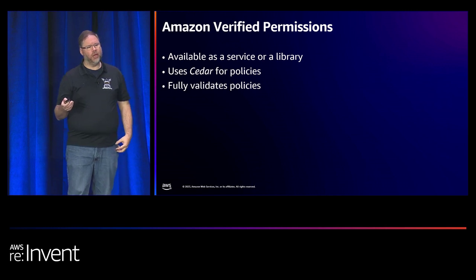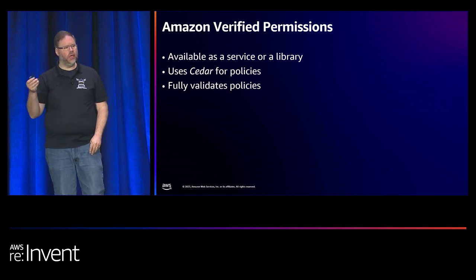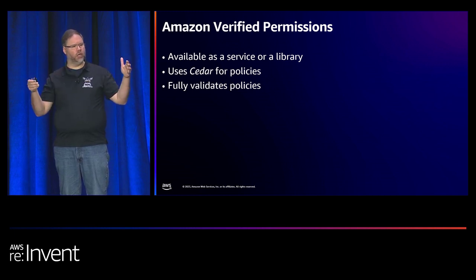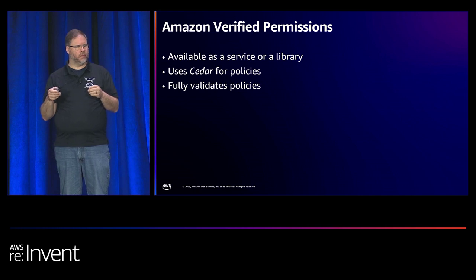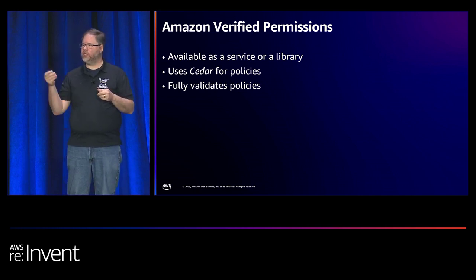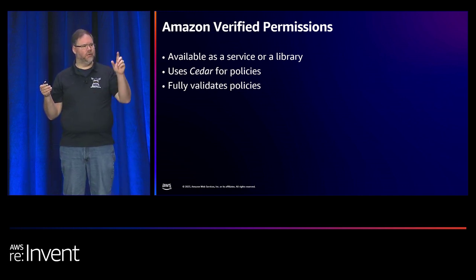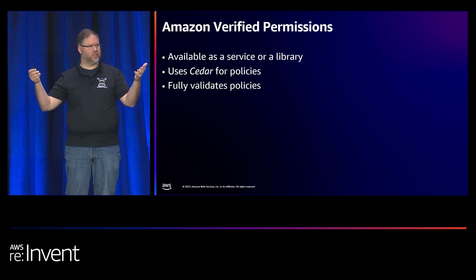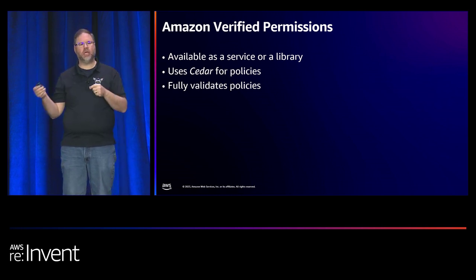And one important thing about this is you give AVP a schema for your application. You describe the hierarchy of resources that you have, and of operations on those resources. And so now, when you try and submit a policy, and you've got a typo, you've transposed two characters, or you've got a resource that's nonsensical for a certain principal, the system will kick it out.